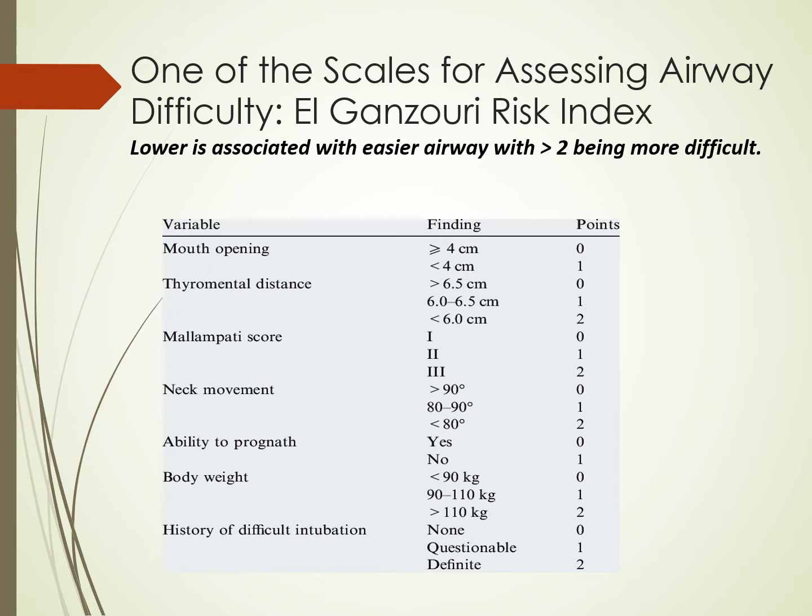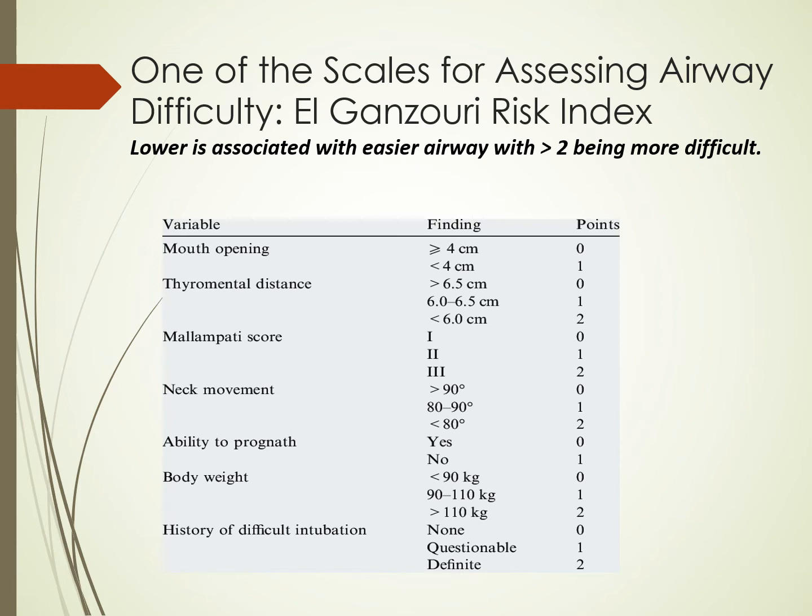One of these scales is known as the Ganzori Risk Index Scale. It was named after the founder of it, who is a prominent anesthesiologist in the country of Italy.